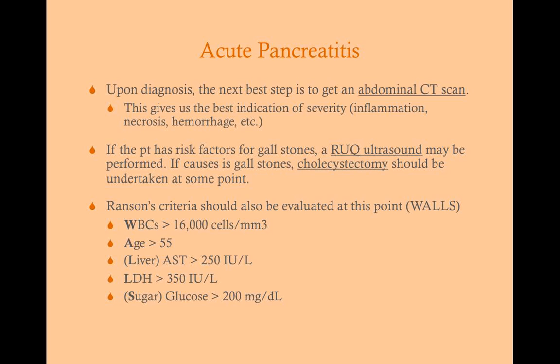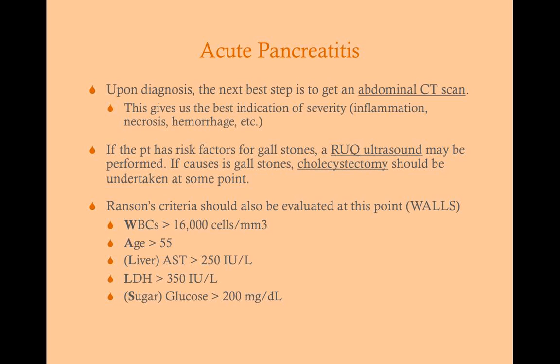And so it may be judicious after the abdominal CT scan to get a right upper quadrant ultrasound. And if the cause indeed is gallstones, then a cholecystectomy should be undertaken at some point, because this is a patient who's not only got gallstones that are giving her problems, which itself would be an indication for cholecystectomy, but it's actually putting her in a life-threatening situation.